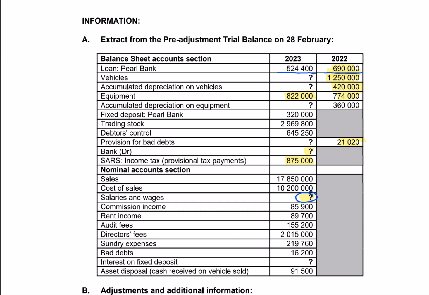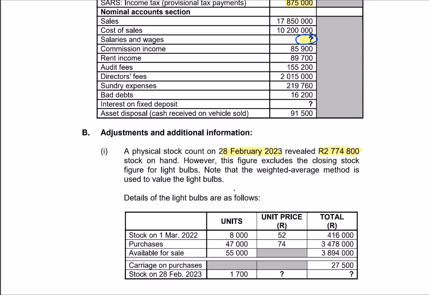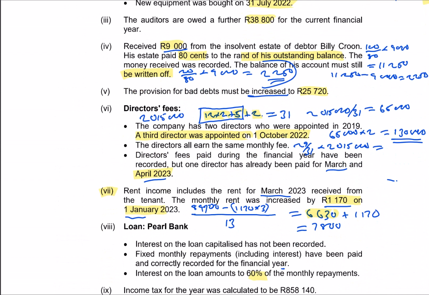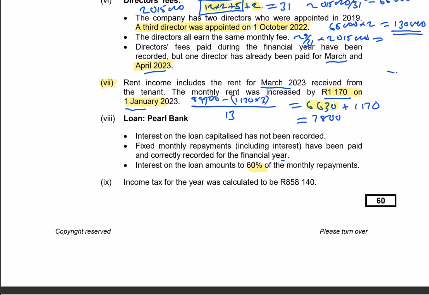So if you come to the question, right at the bottom here, they said 690,000 is the opening, then 524,400 is the closing.